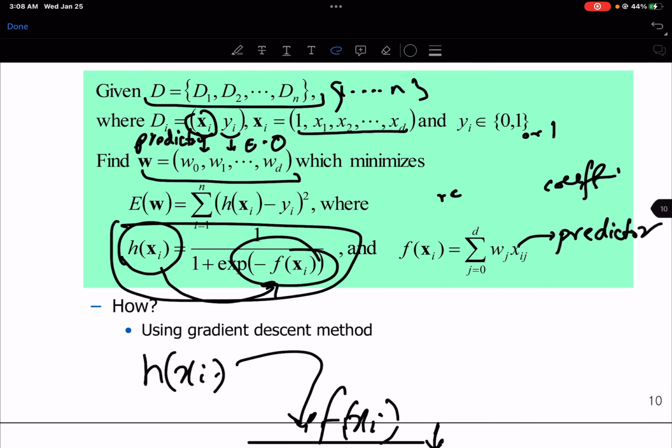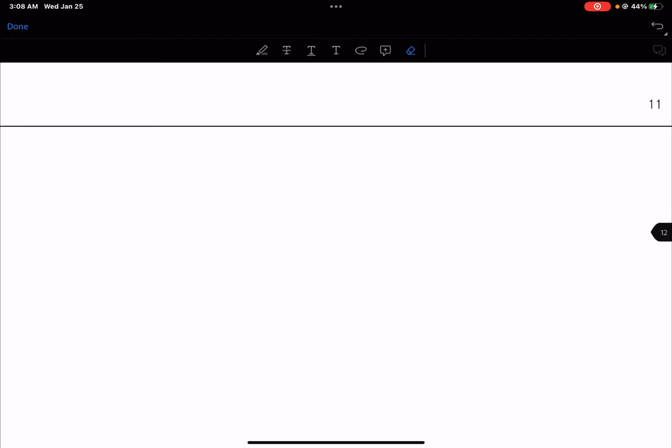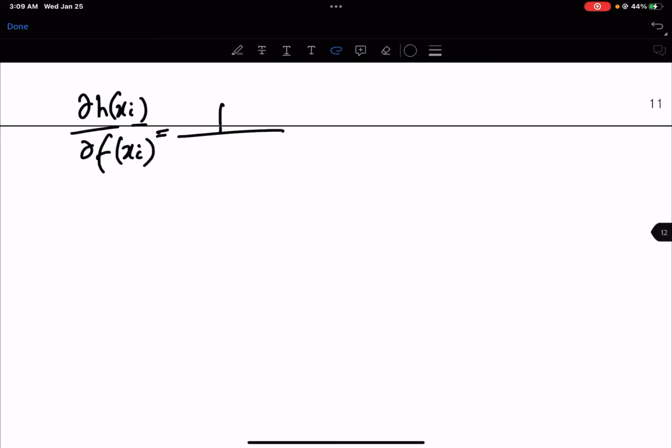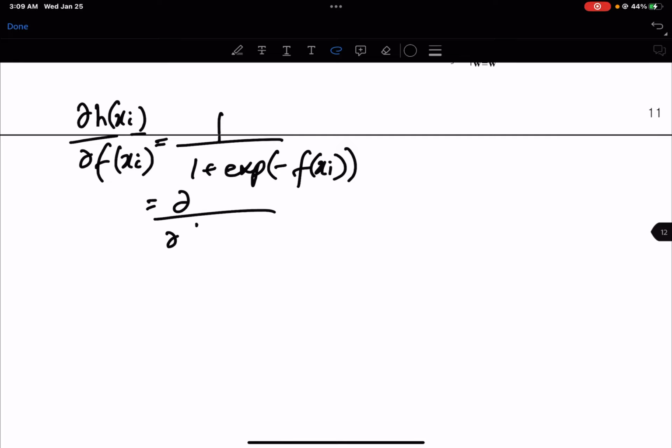This function, which is 1 plus... partial of h of xi with respect to f of xi, and we know what is h of xi, and now we are going to take the partial of this. So we write with respect to f of xi, this is important, and then we write this.